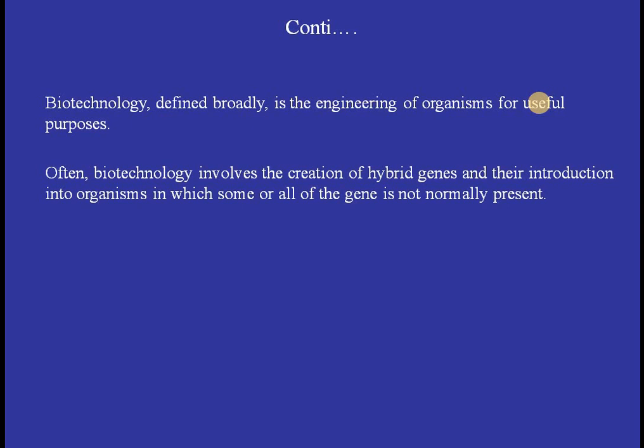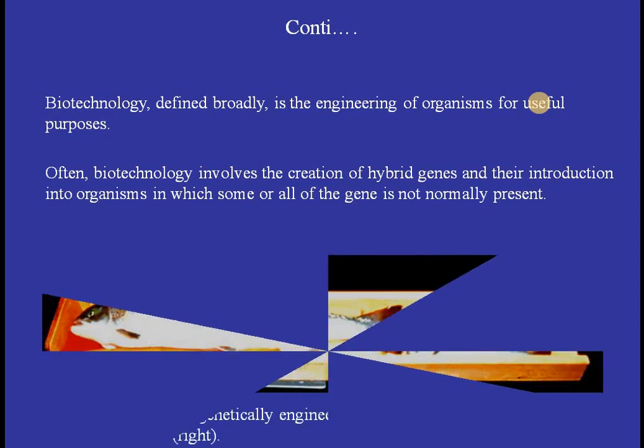Biotechnology involves the creation of hybrid genes and their introduction into organisms in which some or all genes are not normally present. If any organism is lacking a gene, you have to correct it using an outside gene. For that you have to prepare a hybrid gene. We will see how we can prepare a hybrid gene and the steps in the next slide.